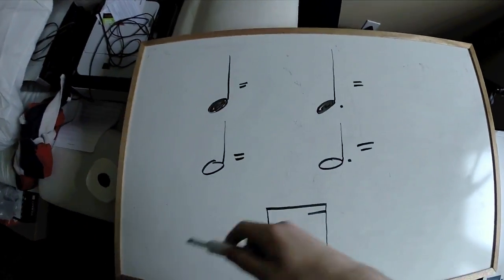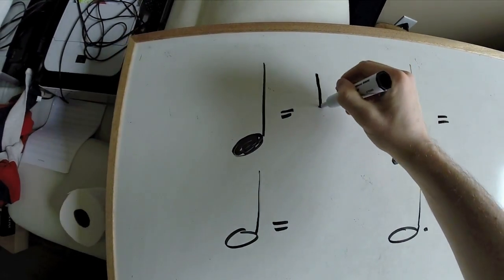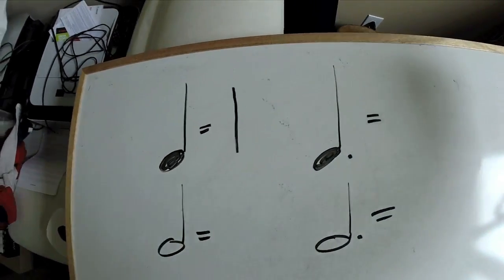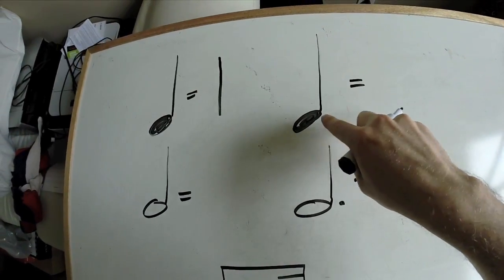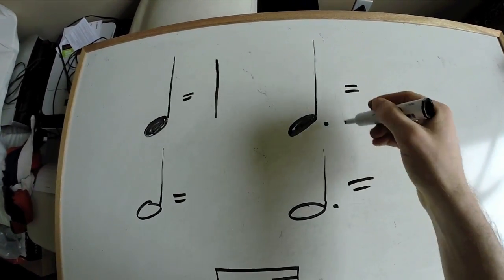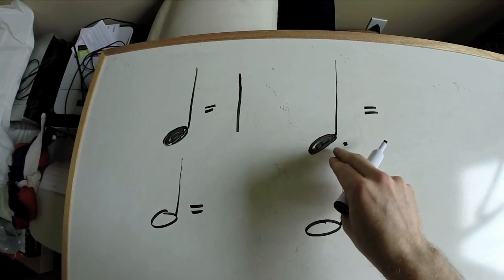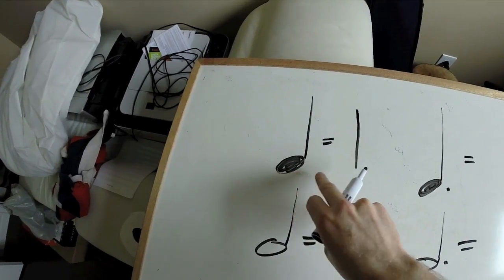Okay, so we have a quarter note, and you know this gets 1 beat of the bar. Quarter note equals 1 beat. Now, here you have the dot after the note, and that's where the dot will always go, after the note, and that affects the length. So here, quarter note equals 1.